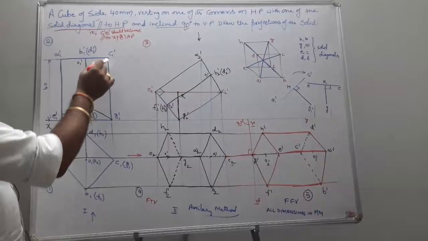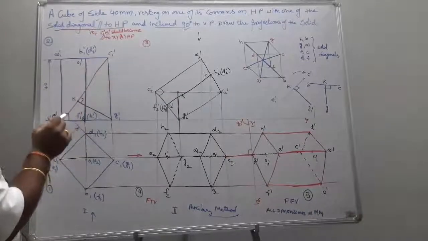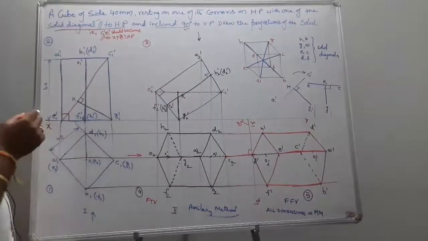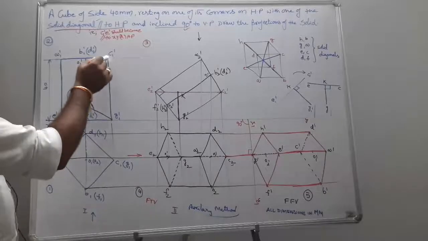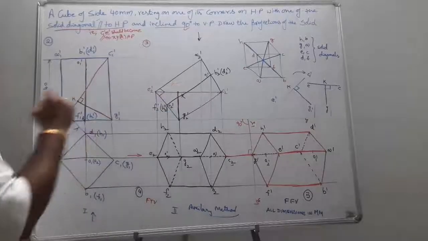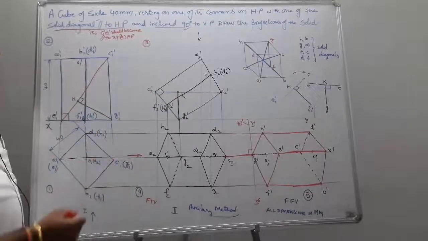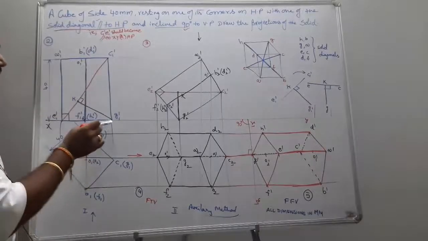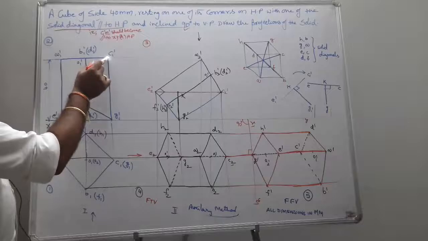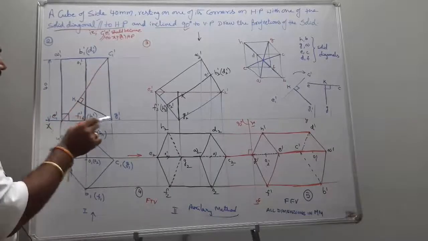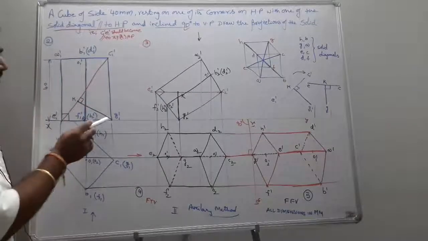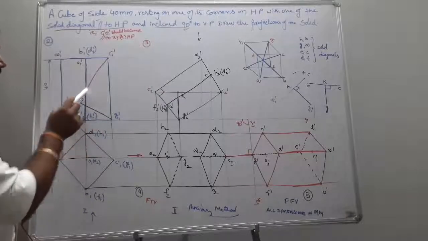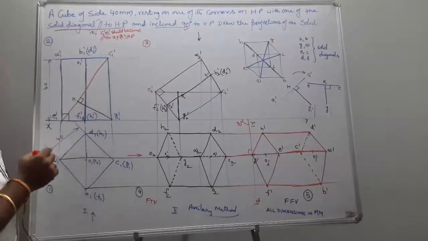So I consider my solid diagonal CE. I want to make this CE parallel to XY. How can I make it parallel to XY? For my convenience, from G, I draw the perpendicular to C dash E dash.